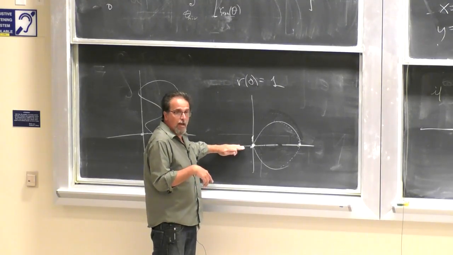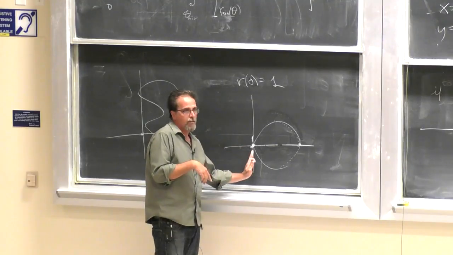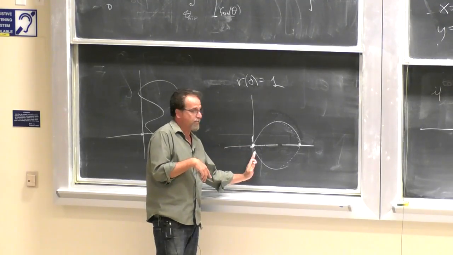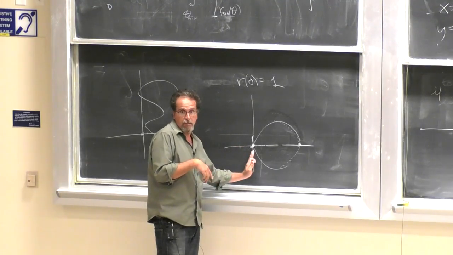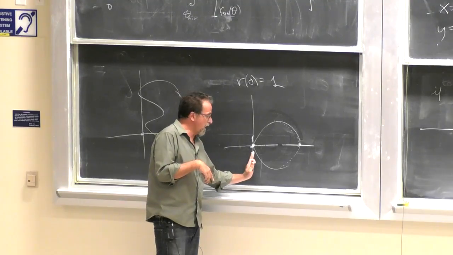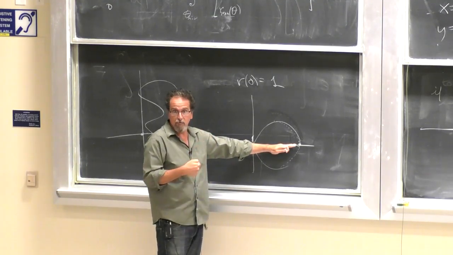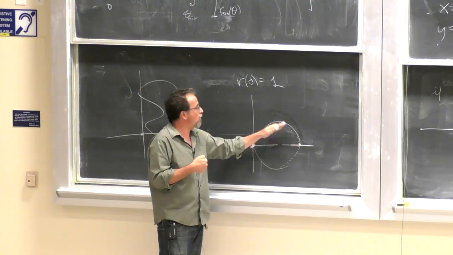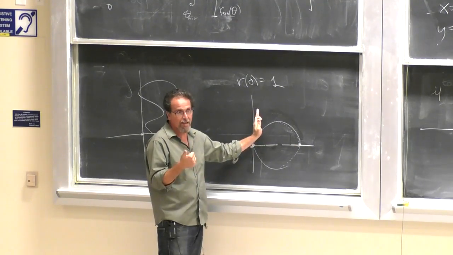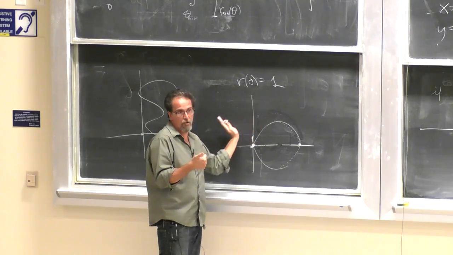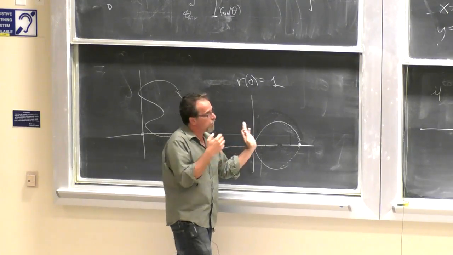And what you see is you've got to avoid negative pi to negative pi over 2, because that's this part of the space. Then you go from negative pi over 2 to 0. That's OK, because r is positive over there. And then you go from 0 to pi over 2. That's OK, because r is positive over there. And then you can't go beyond pi over 2, because r is negative over there.